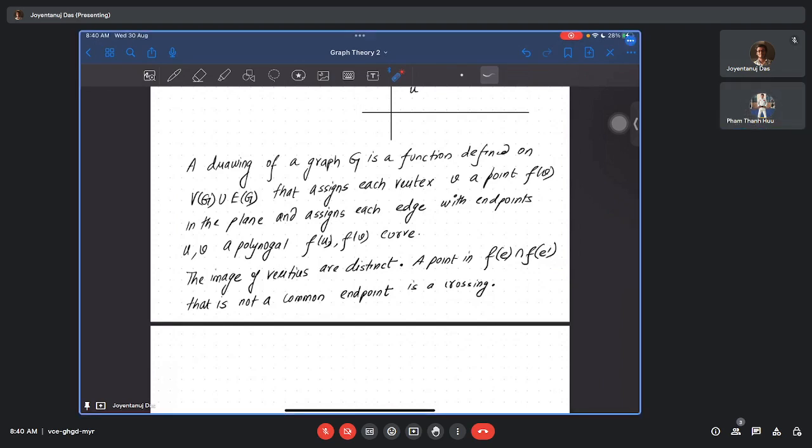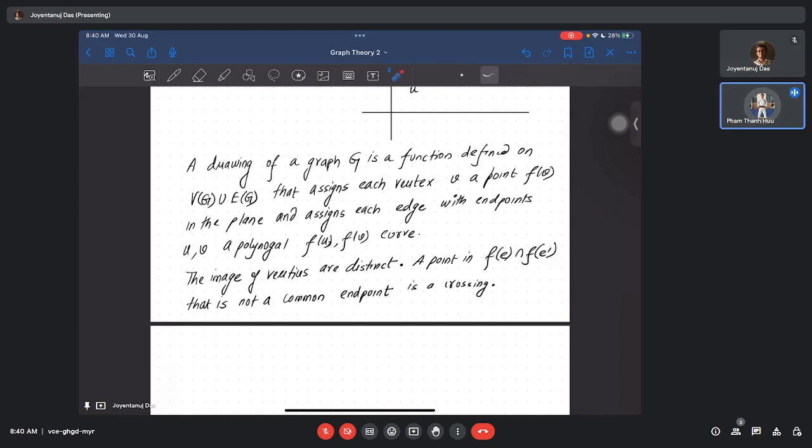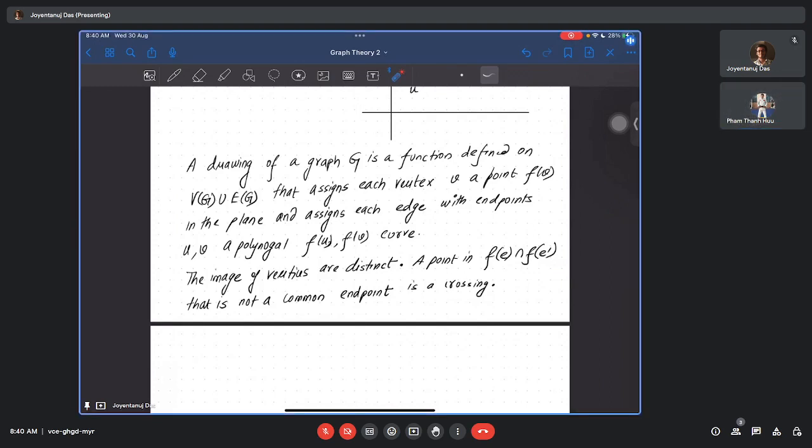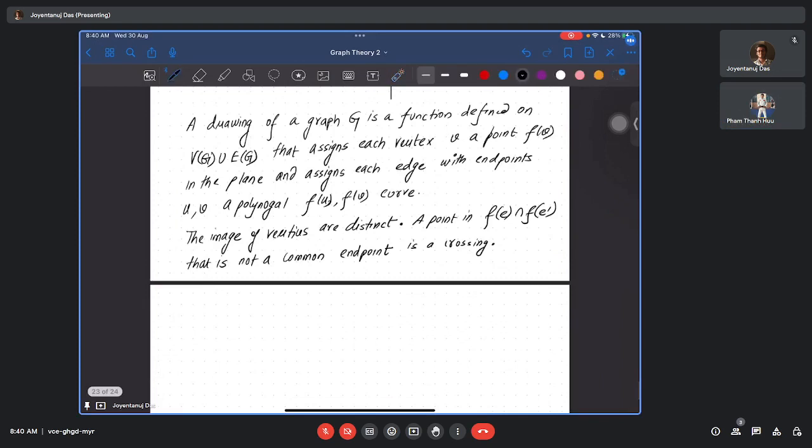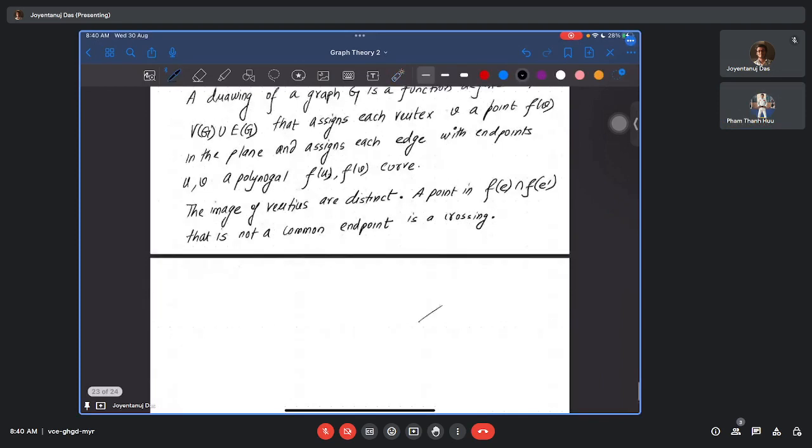The crossing, what does it mean? It is not a common endpoint. Suppose two edges are there. It can happen that they intersect like this, at a point which is not a vertex, or it can happen that this is an edge and this is another edge meeting at a vertex. So they can intersect in these two types of ways.